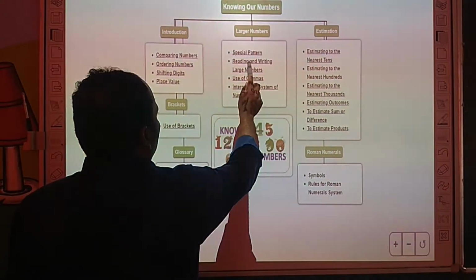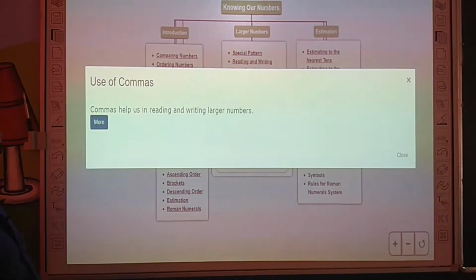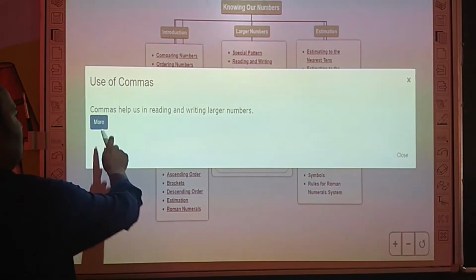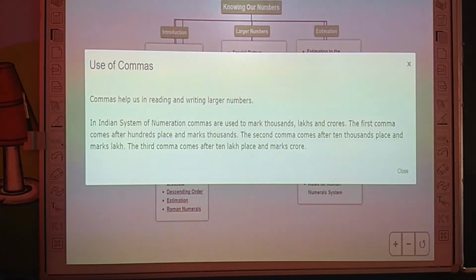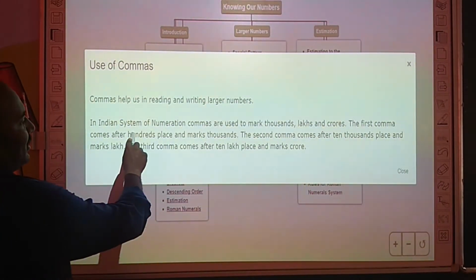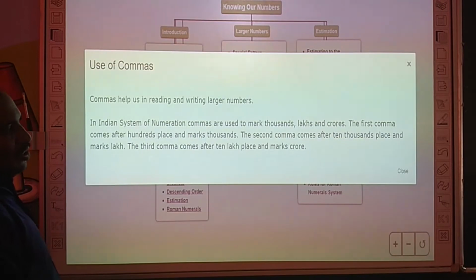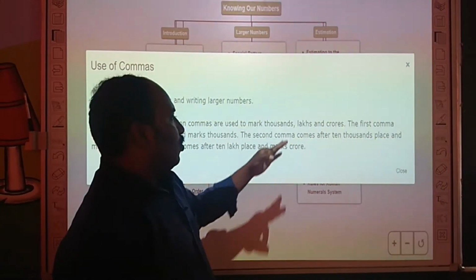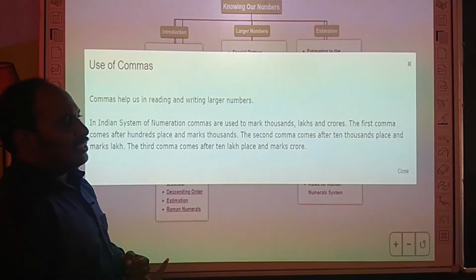Next one, use of commas. It is very important. Commas help us in reading and writing larger numbers. In the Indian system of numeration, commas are used to mark thousands, lakhs and crores.